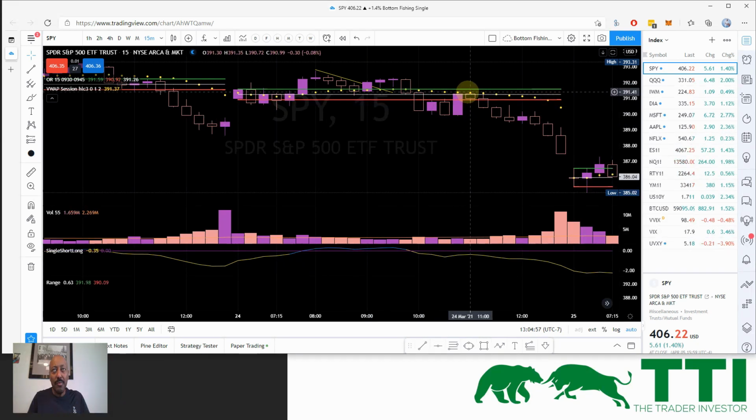We pulled back, so we went on the other side of the opening range. VWAP started to get very close to the midpoint and started to cross it. And so when this trend line breaks, I'm entering a short position.